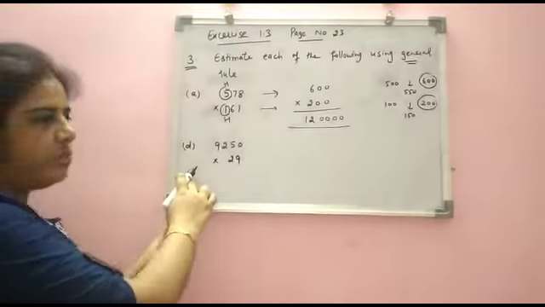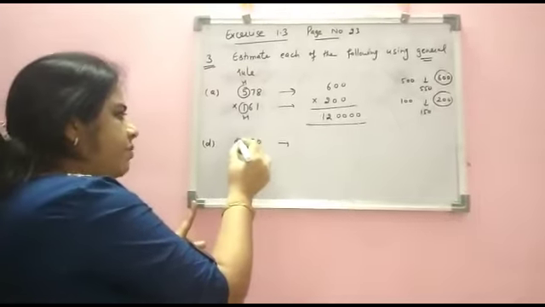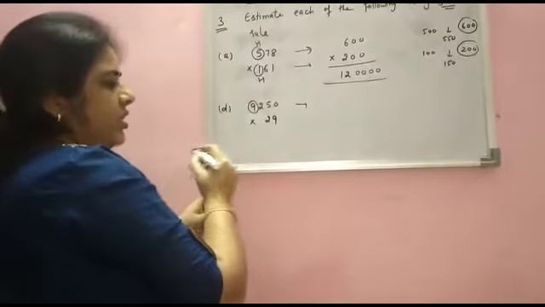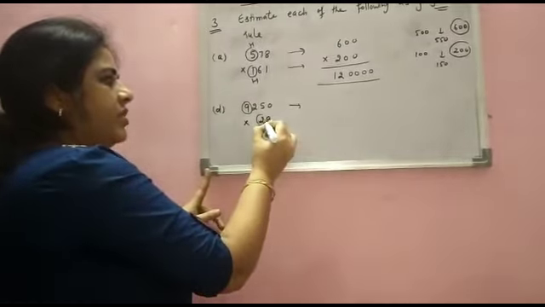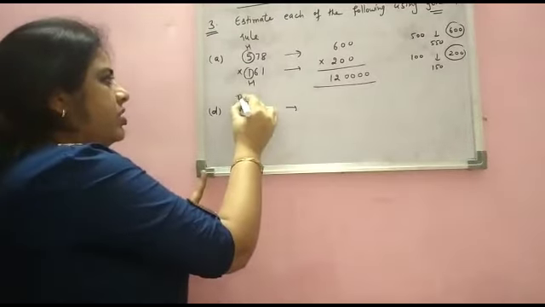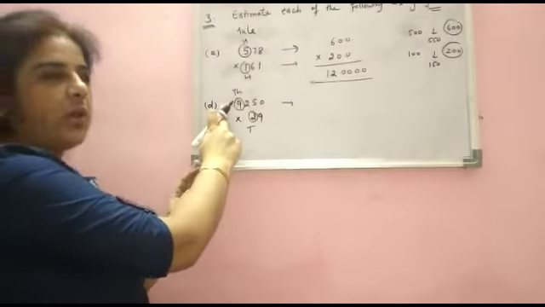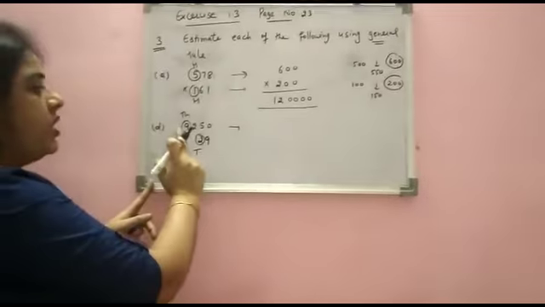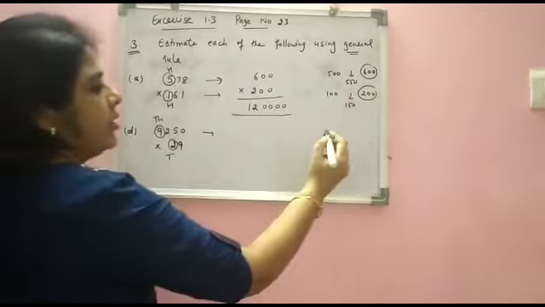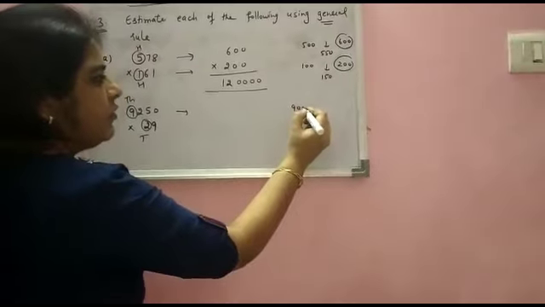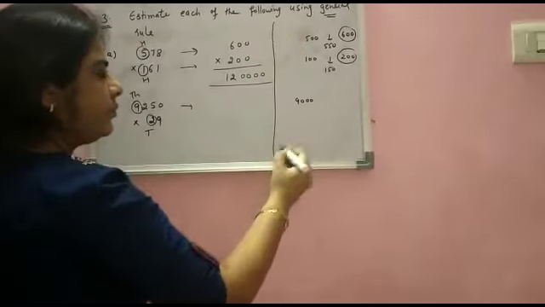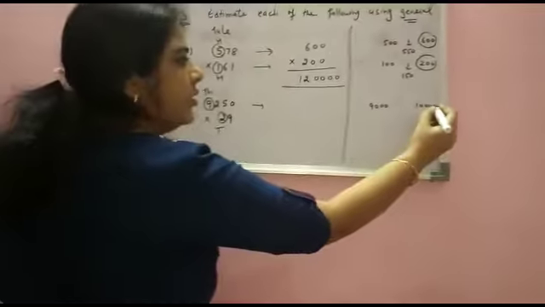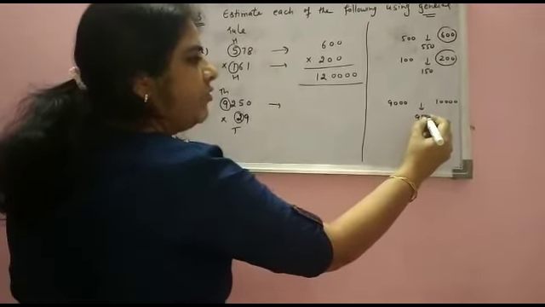Now come to the last part. Now the maximum place of this number is 1000 and the maximum place of this number is tens. So this number will be estimated at the 1000 place and this number will be estimated at the tens place. When we are observing the 1000 place, it lies between 9000 and 10,000. Halfway is 9500.